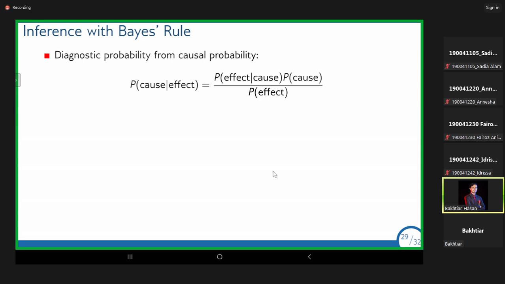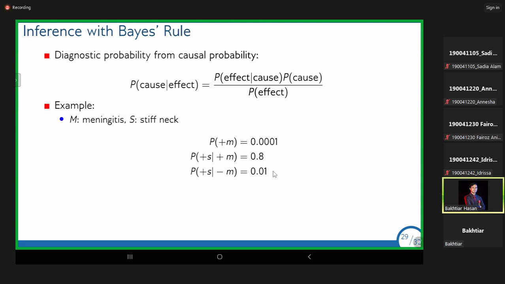So now we would like to know the probability of meningitis given the patient has a stiff neck. Okay. So if that is directly given in a medical textbook, we are happy. But if we don't have that, then it will be difficult for us, right? So if we have some fragments of probabilities that look like this, we can probably do some computations. So what sort of computations can we do?